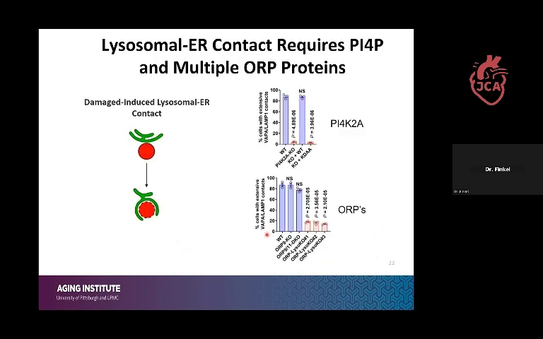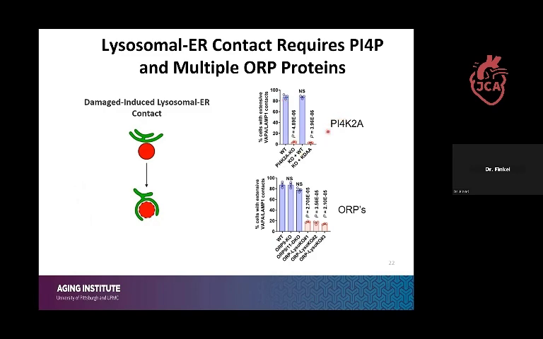Okay, and so genetically, what we were able to show is that this pathway that I've described, PI4P generation and ORP recruitment, is absolutely essential for this wrapping. So again, when we look at wild type cells, you can see that over 90% of the lysosomes have this dramatic ER lysosomal contact.